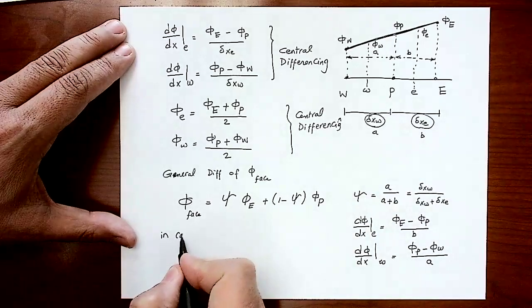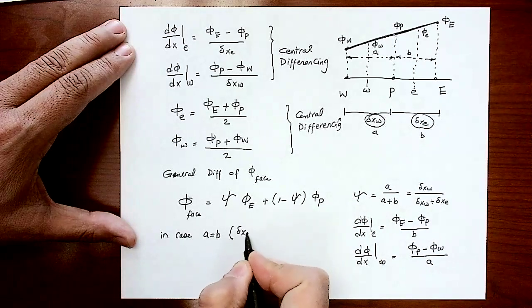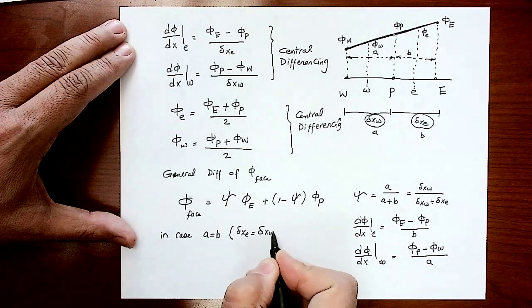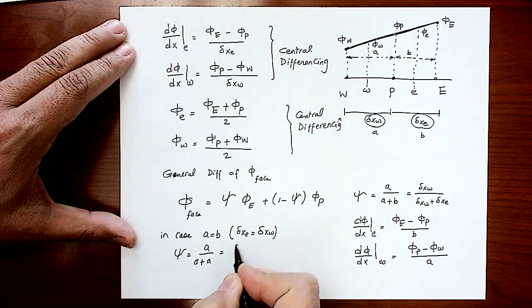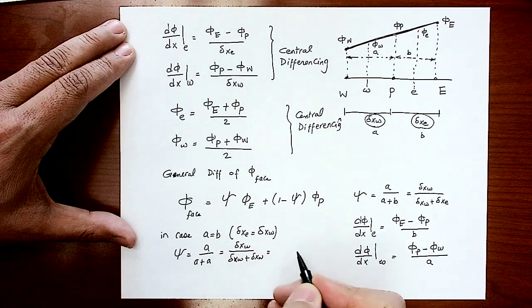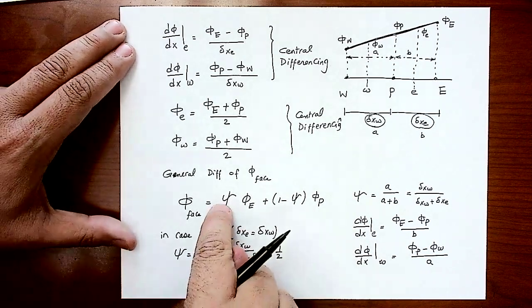In case A is equal to B, or delta x east equals delta x west, the value of psi will be simply A over A plus A, or delta x west divided by delta x west plus delta x west. So you end up having half. So let's put psi equal half in here.